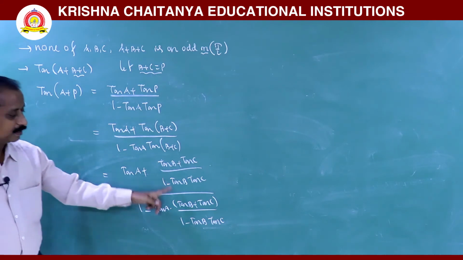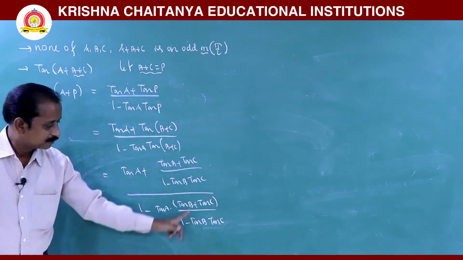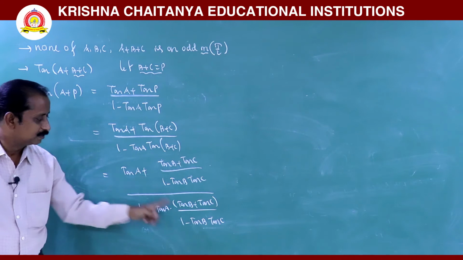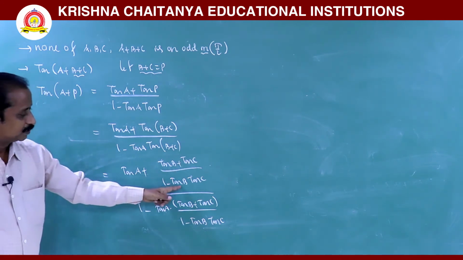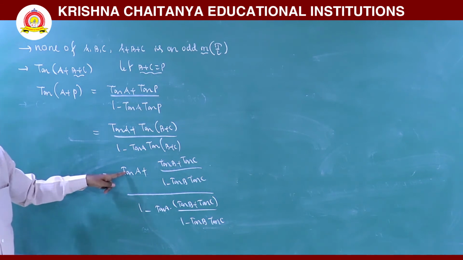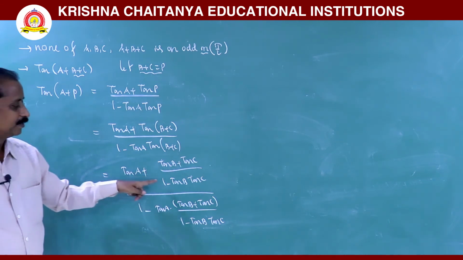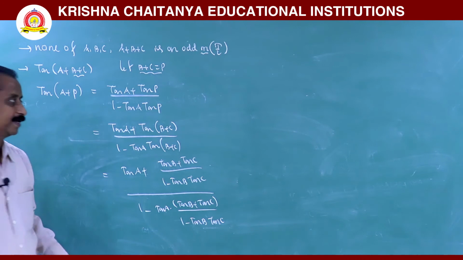Both numerator and denominator have 1 minus tan B tan C as LCM, and after LCM they get cancelled. The total term is multiplied with tan A, so tan A into (1 minus tan B tan C).